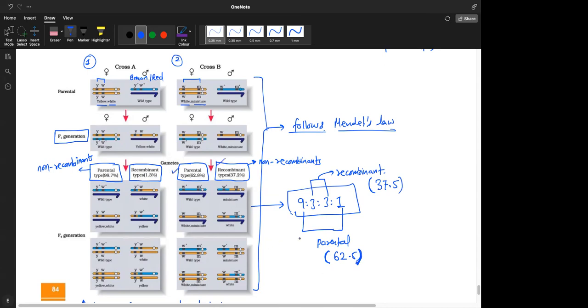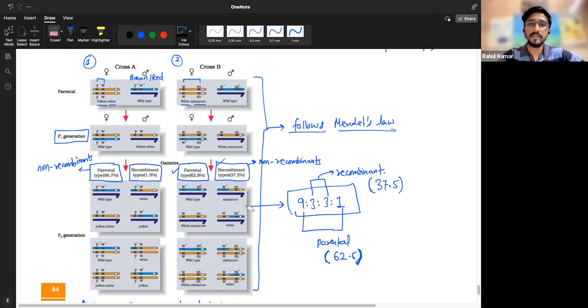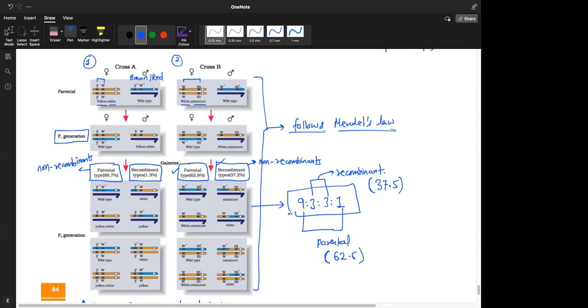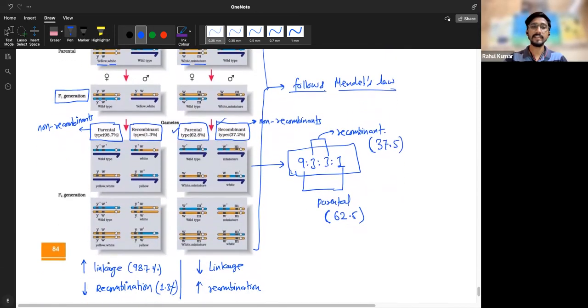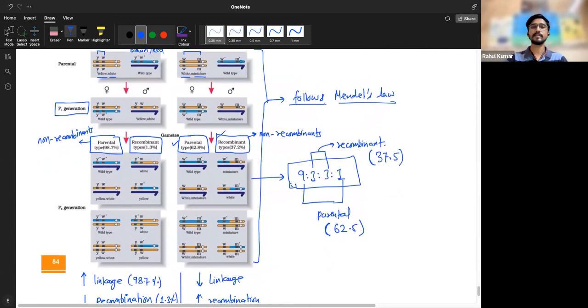Yes. So this means that the number of recombinants we are getting here are actually following law of Mendel. So cross B is following law of Mendel, but cross A is following linkage. Is having linkage. Is it clear?